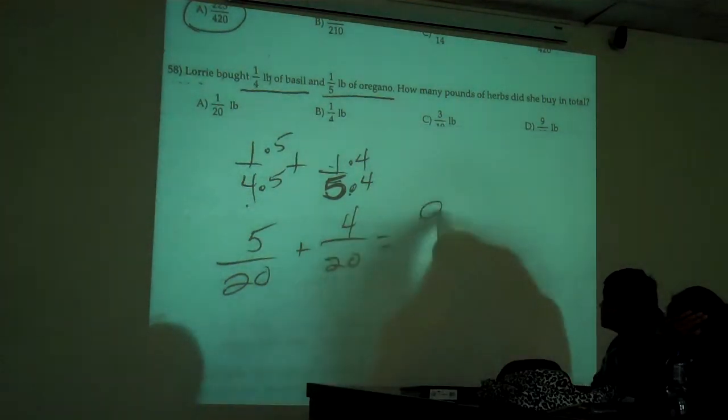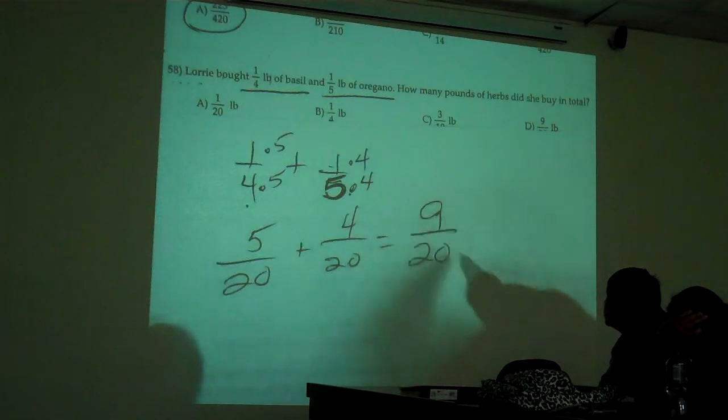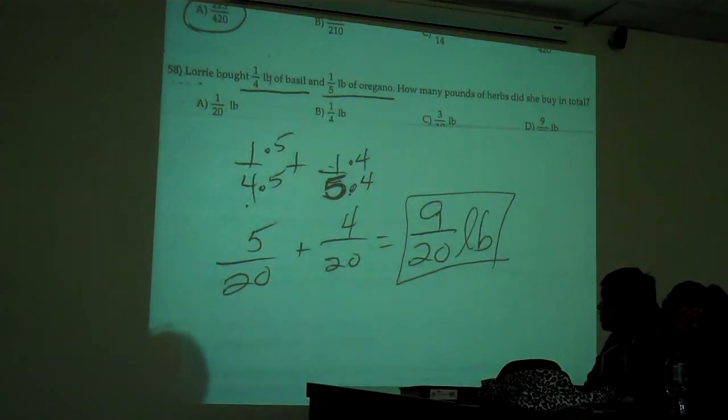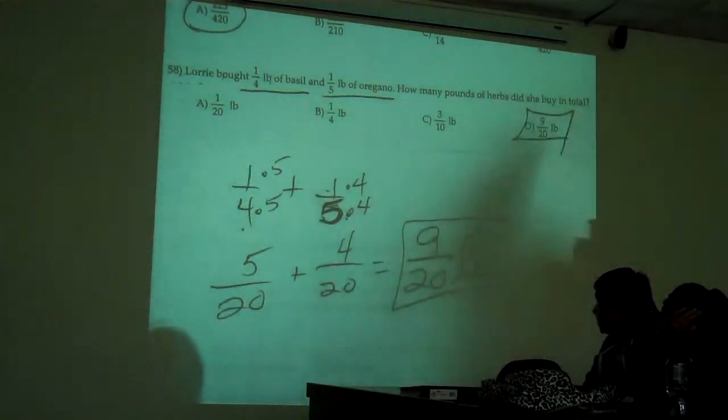So 5 plus 4 is 9 over 20. So she bought 9/20 of a pound total of herbs.